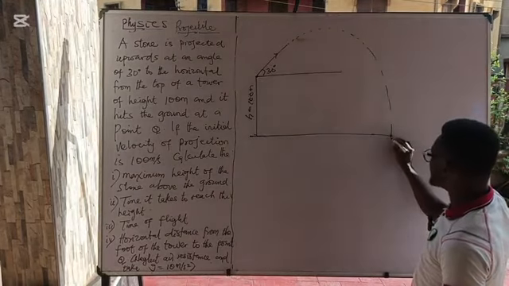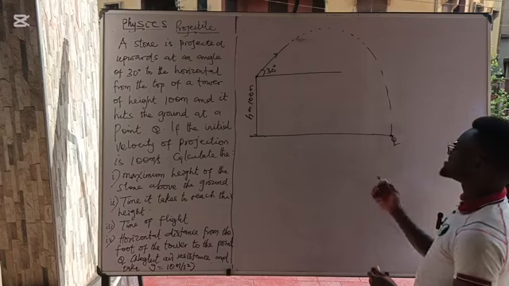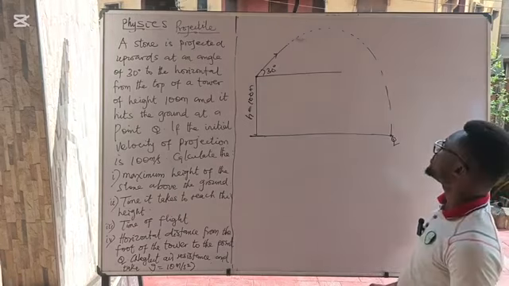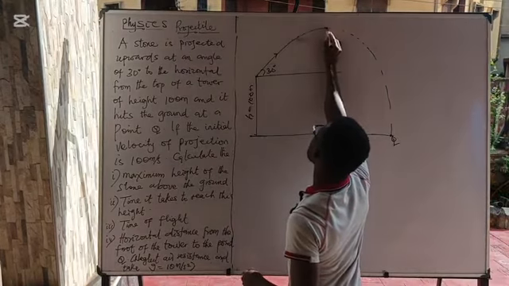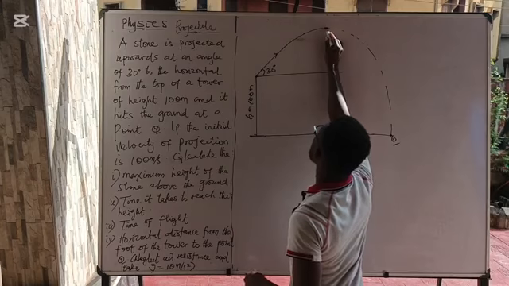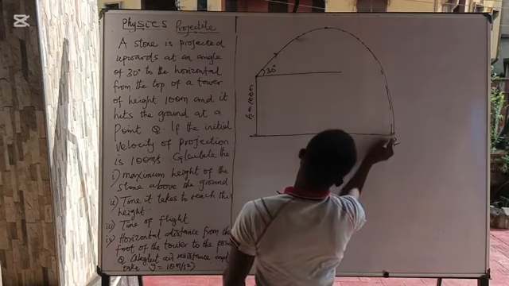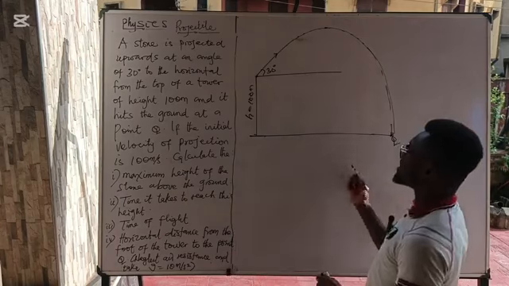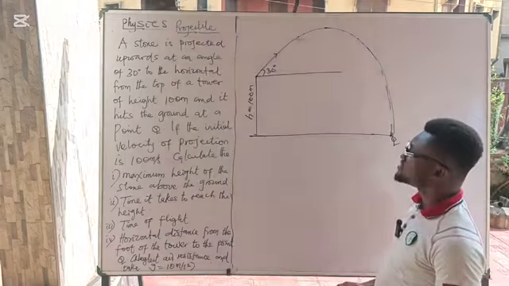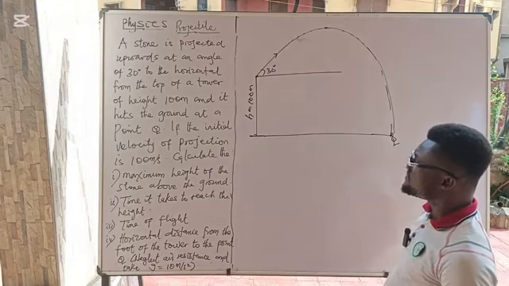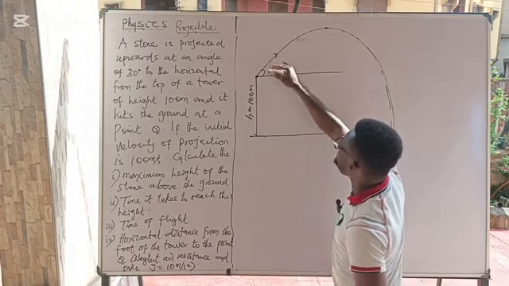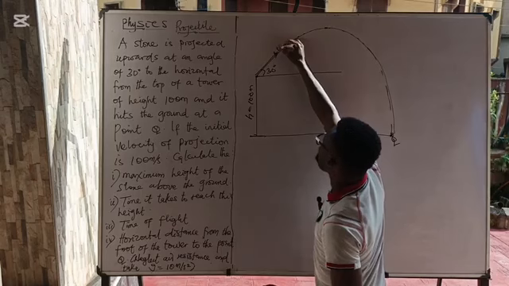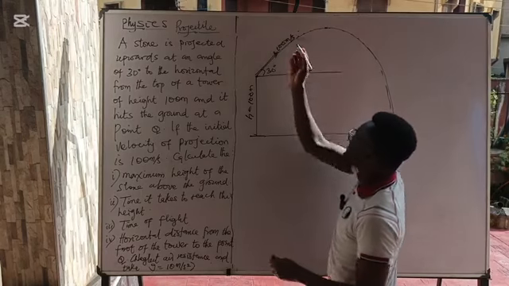That very point at which it hits is called Q. So with this, the body gets to the maximum height before it now falls back to the ground. Now, the velocity of projection was 100 meters per second.